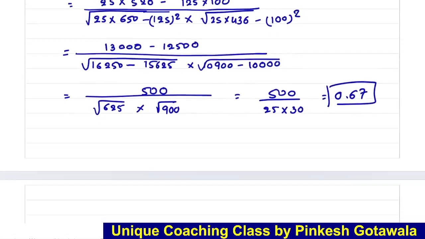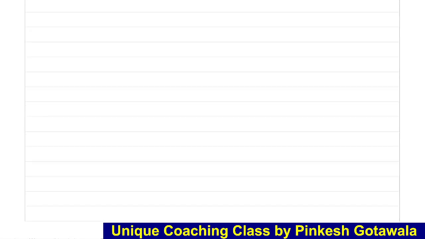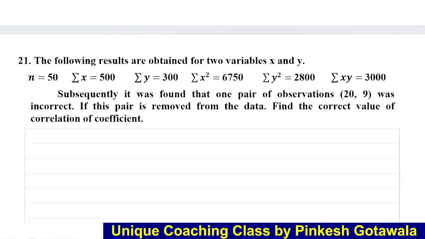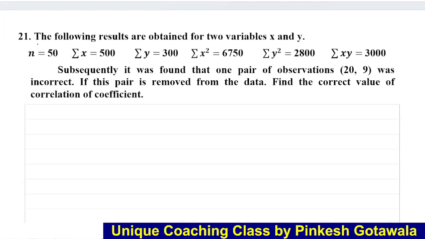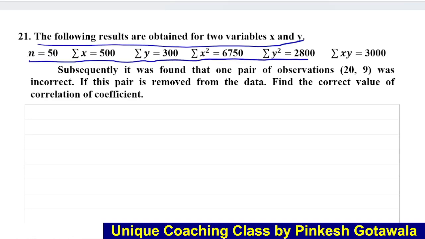Let's see one more sum. The following results are obtained for two variables x and y: n given, sigma x given, sigma y given, x square given, y square given, and xy given. Subsequently, it was found that one pair of observation, 20 and 9, was incorrect.